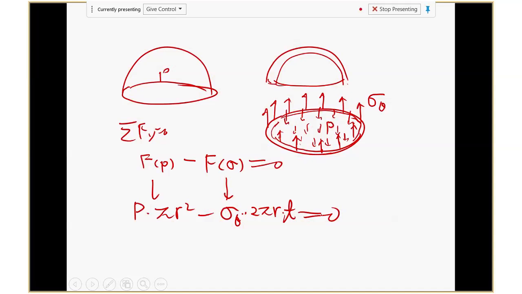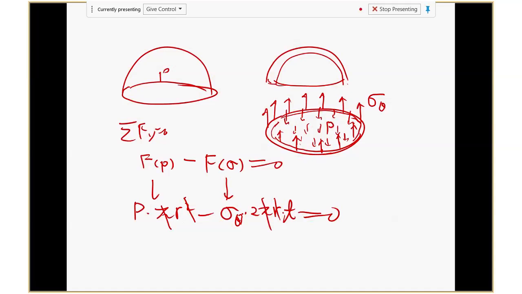Once you have this, can you simplify it? You can throw away the pi, and throw away an r.